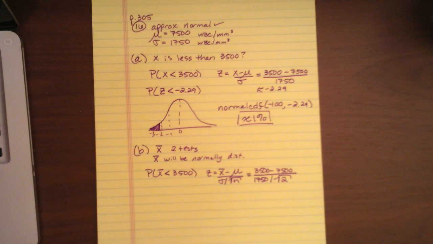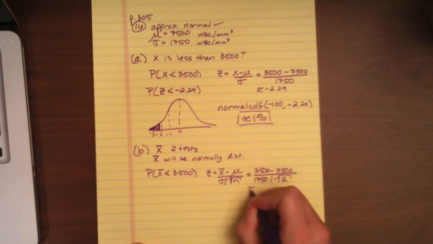Okay, so if I take 3,500 minus 7,500, and then divide by sigma, which is 1,750, over the square root of 2, we get about, I believe, negative 3.23.